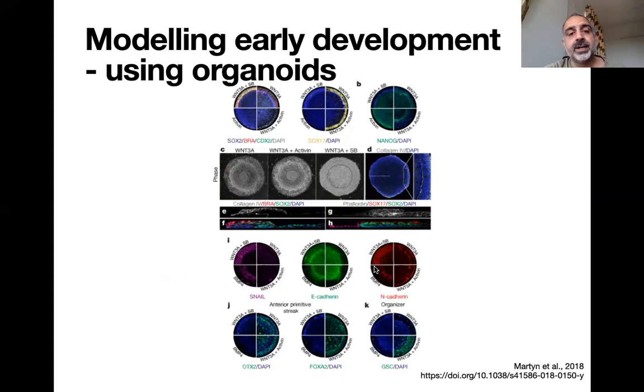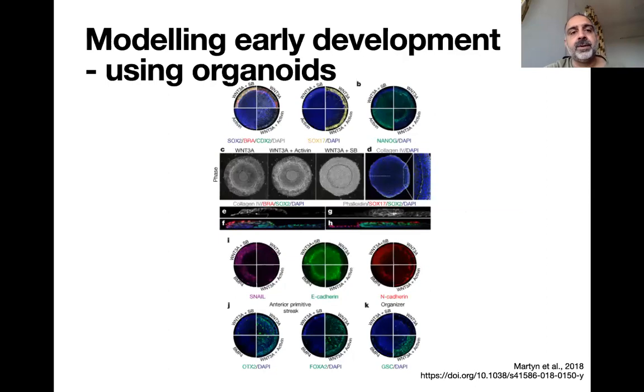And so this again represents, I think, where the cutting edge of developmental biology is going, looking at these ex vivo systems to start interrogating human development in a way that's never been done until now.